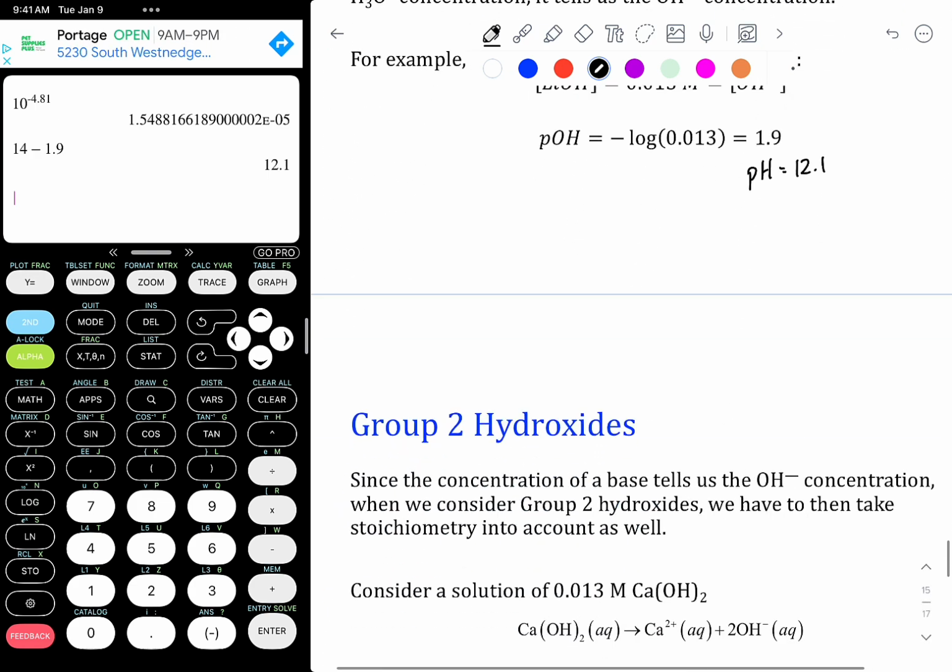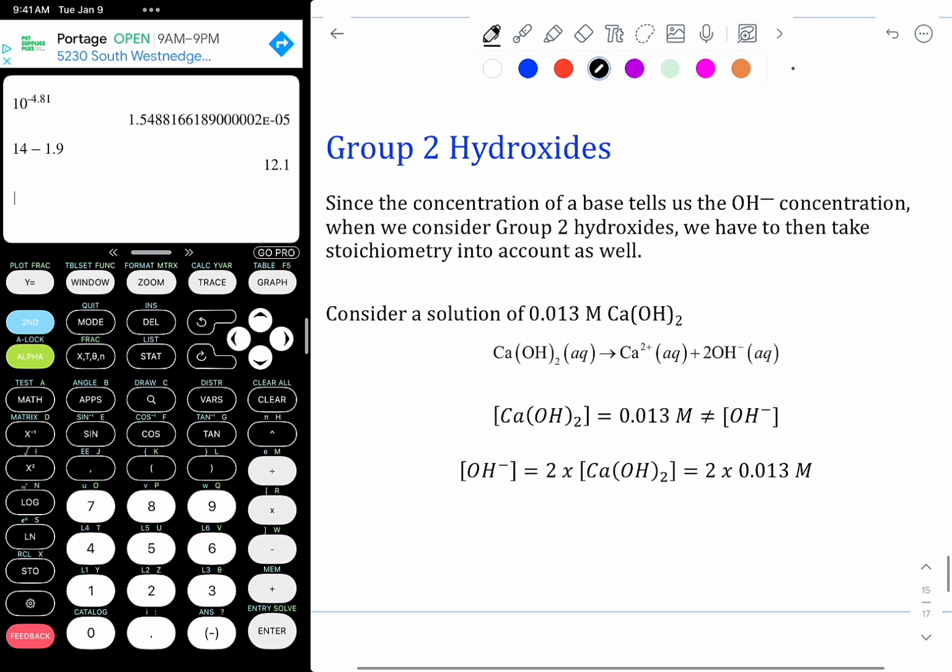Now when we move on to group 2 hydroxides, there's something a little different that we have to take into account. Since the concentration of a base tells us the OH concentration, when we consider group 2 hydroxides we have to take stoichiometry into account as well, because our relationship is no longer 1-to-1. It's now 1-to-2.